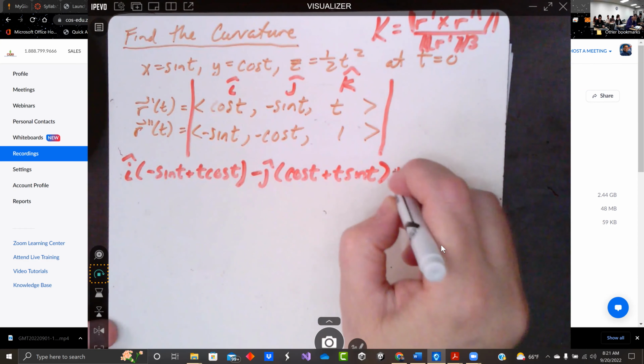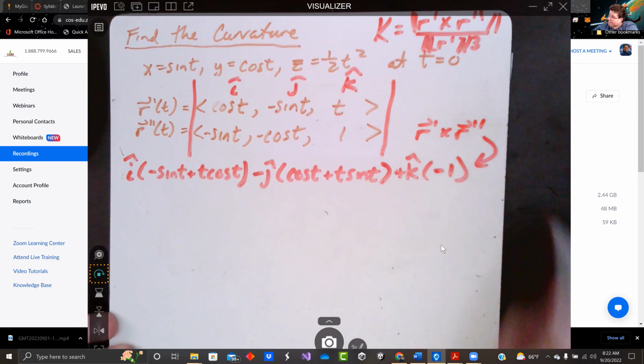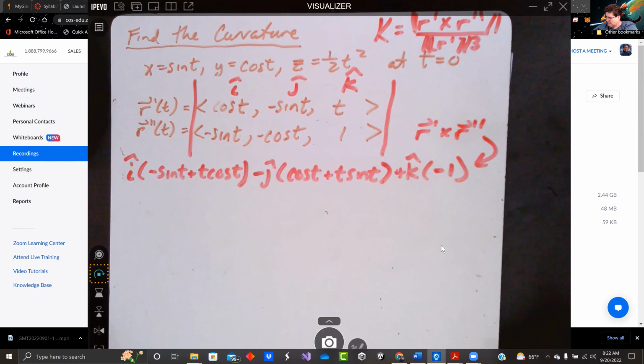That should be just -1. And that's r prime cross r double prime. Note the negative, of course.